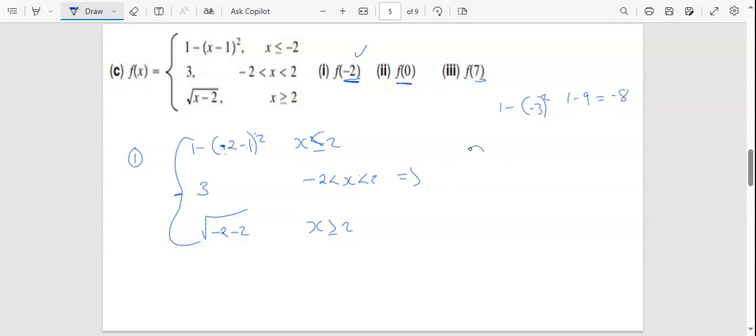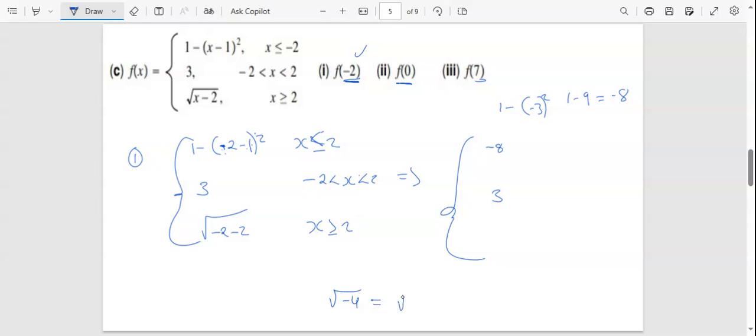So here we'll have negative 8. Here you just leave the constant, and here you put negative 2, so this is the negative 4 inside there.